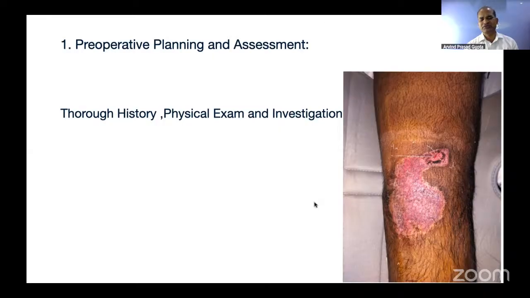But if you look very carefully at the knee, this part looks healed, but this part still doesn't look fully healed. So in the physical examination, you have to look for things which can create problems intraoperatively or postoperatively, so that they come into the planning. So this patient's surgery was delayed.